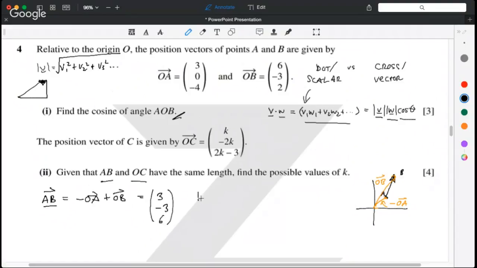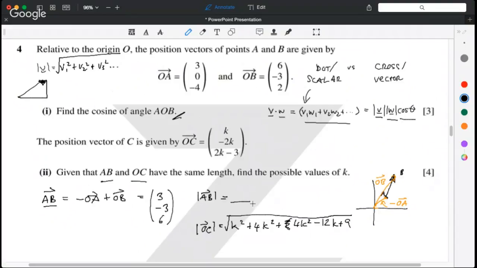And what is the magnitude of this? We just use the Pythagoras thing again, and we get some number. Then we're told that OC has the same length. We can use exactly the same operation on OC. It's going to be equal to k squared plus 4k squared, and this is all going to be square rooted, plus this thing squared, which is 4k squared minus 12k plus 9, all square rooted.